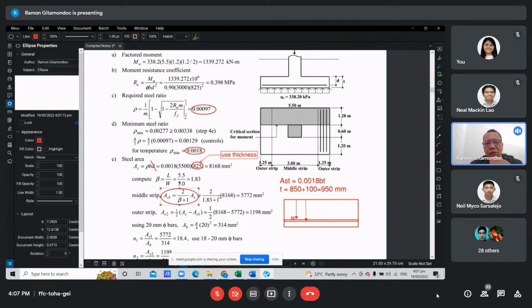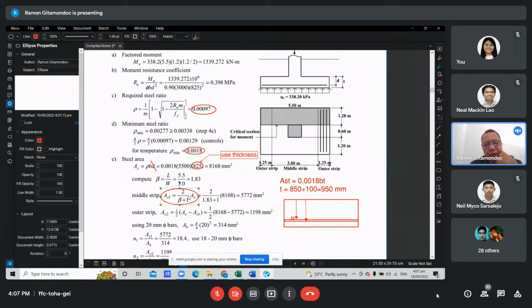AS1 is the amount of steel reinforcement to be placed in the middle strip. It is in a proportion 2 over beta plus 1 multiplied by the total area required. Beta is the aspect ratio, the ratio of the long side to the short side of the footing.